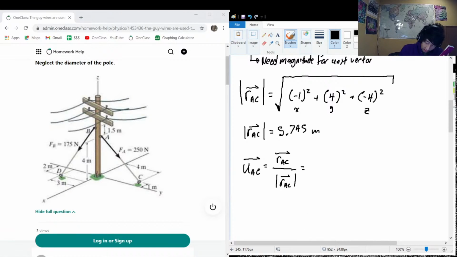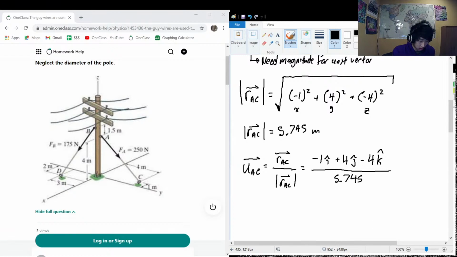Okay, and our RAC vector was originally -1 in the I, whoops, that's not in the J, that's in the I, like that, plus 4 in the J minus 4 in the K direction, all divided by 5.745. Okay, so we're just going to divide all of those terms by 5.745.